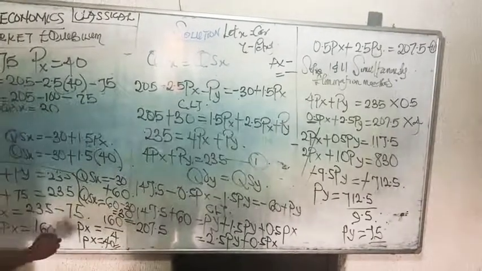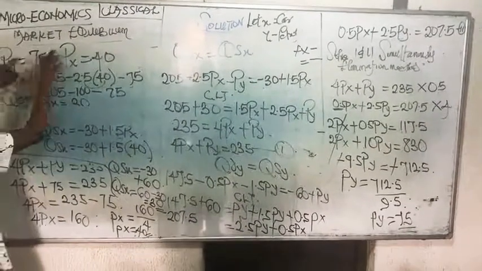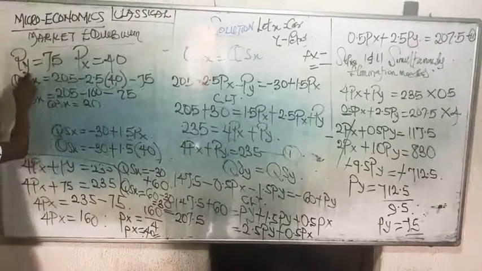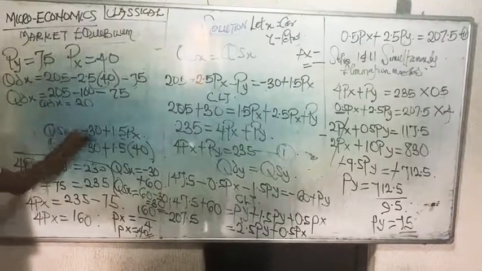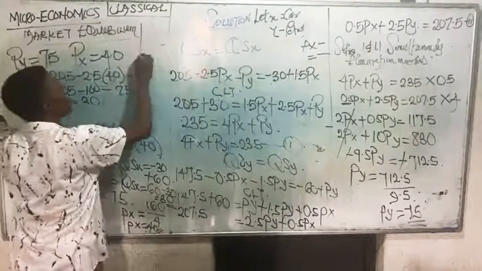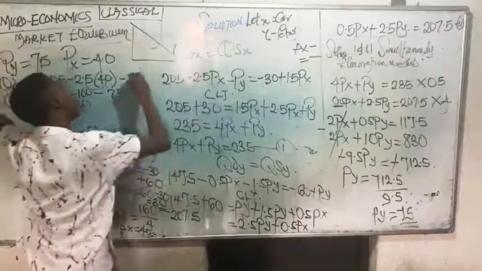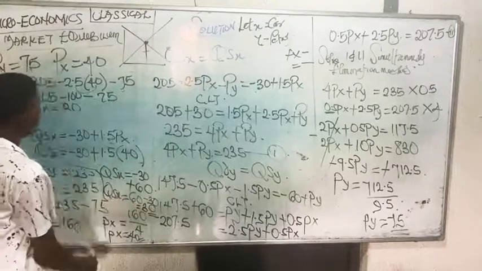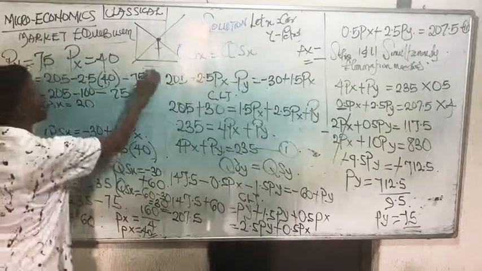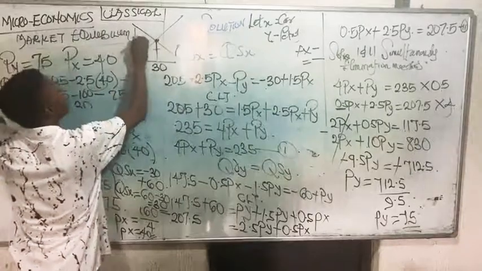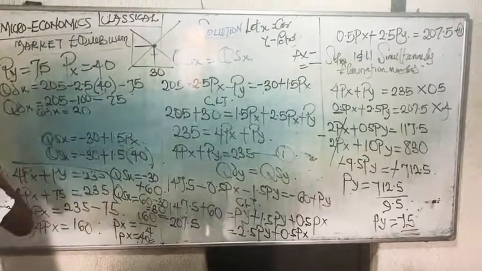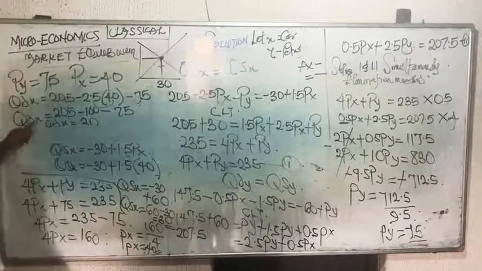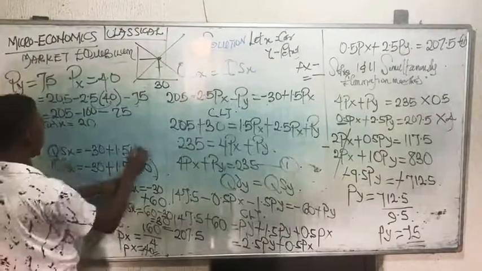So at this price of Y and price of X, our QDX and QXX are equivalent, which is demand and supply. The quantity is 30, and the price of X is 40.